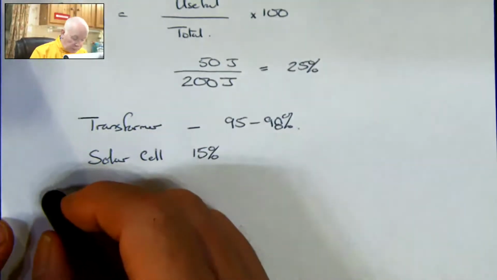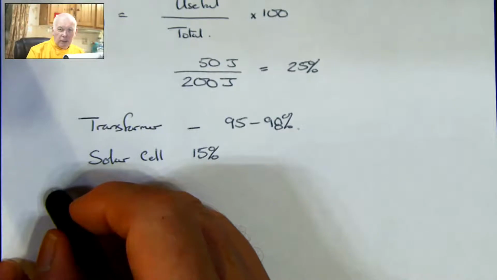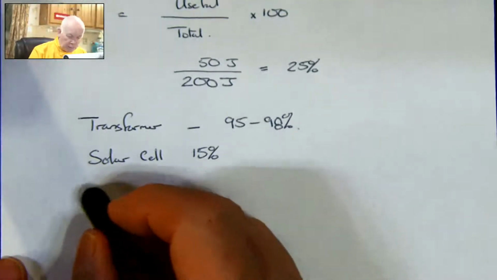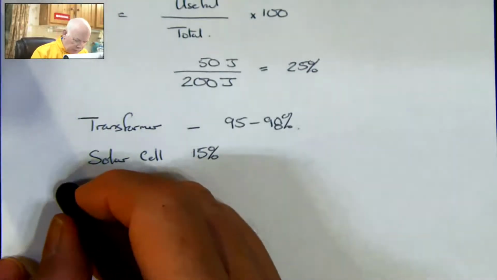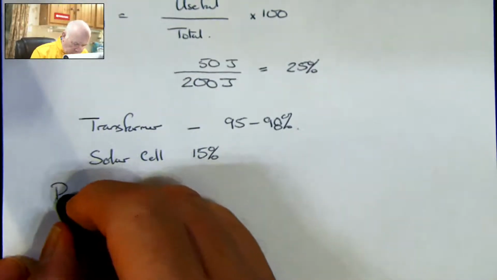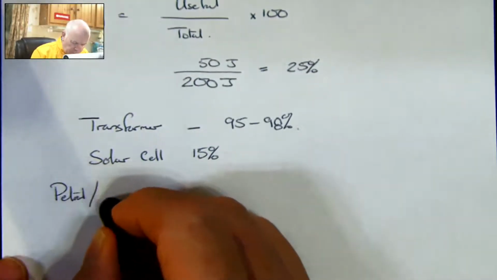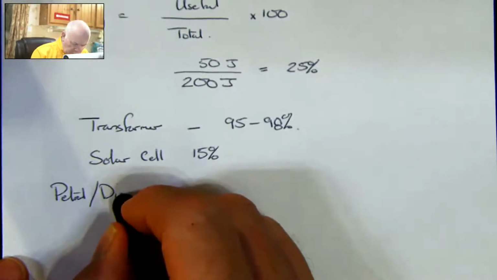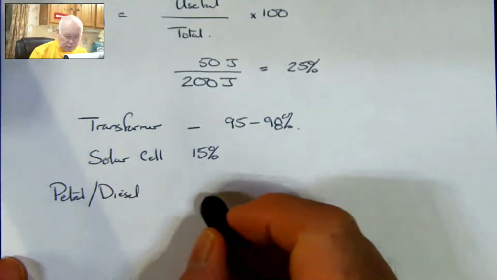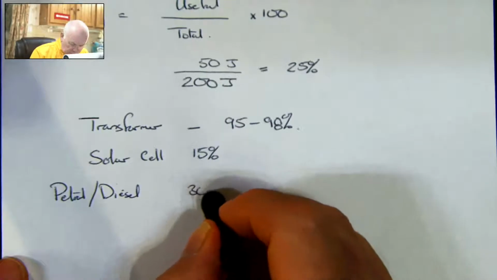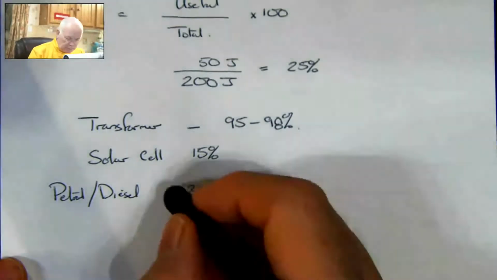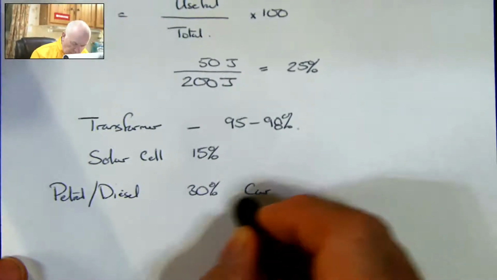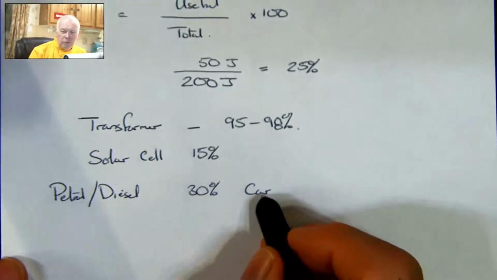One of the sums that we look at quite often is about an ordinary car. People tell me that they're good, they're quite efficient. Yeah. So a petrol or a diesel powered car is going to be about 35% efficient, something like that. So not very efficient.